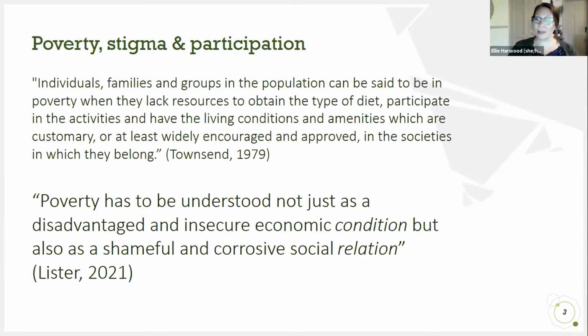And a really good example of this is what we would consider to be an average or desirable diet. So five fruit and vegetables a day, good quality protein, particularly when it comes to feeding children. Now, if you're living in poverty, that kind of diet is unaffordable, to be quite frank. And as a result, you may have to fill up your children using food that's less nutritious, but is much cheaper to acquire, to store and prepare.